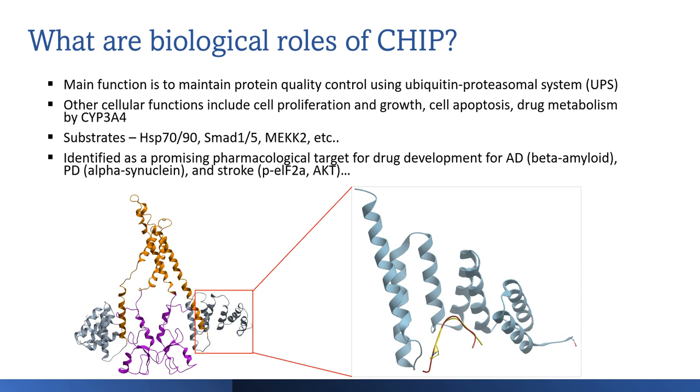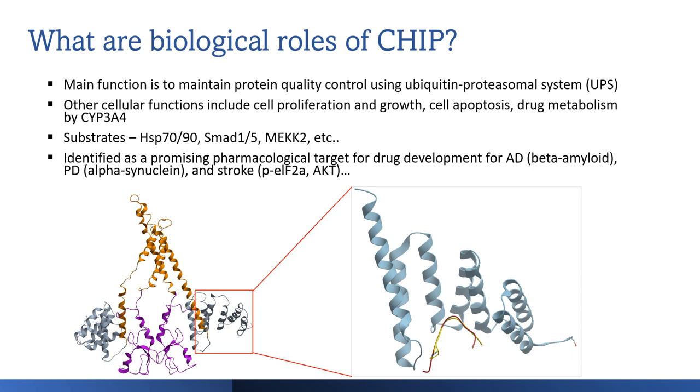Since CHIP plays an important role in regulating protein quality control, and many previous studies have determined its ability to mediate misfolded or aberrant protein for degradation, it has been identified as a promising pharmacological target for drug development to treat diseases such as Alzheimer's disease, Parkinson's disease, and stroke.